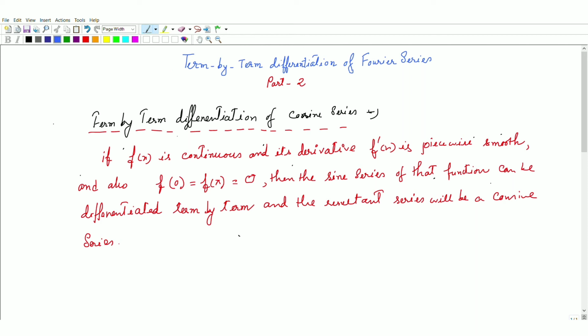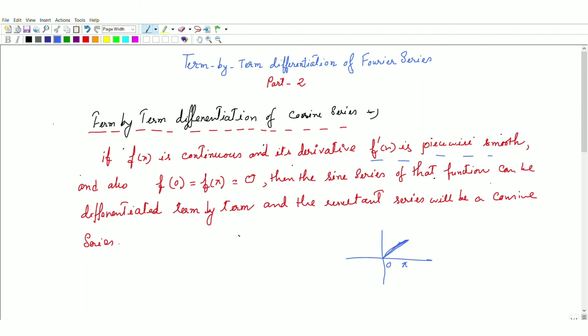Again, the first condition is that f(x) should be continuous and its derivative f dash x is piecewise smooth, which we have already discussed. The second condition is that now we are talking about the half range series. Suppose this is the plot from 0 to pi, and we are talking about the sine series.